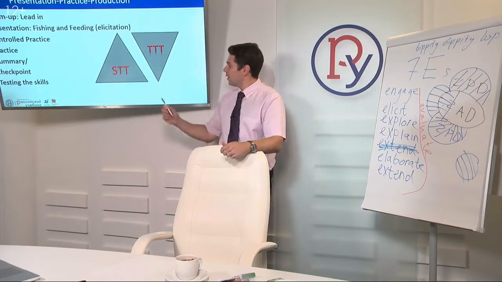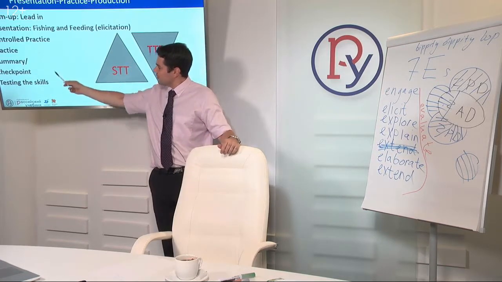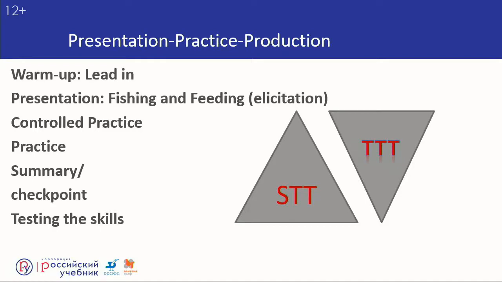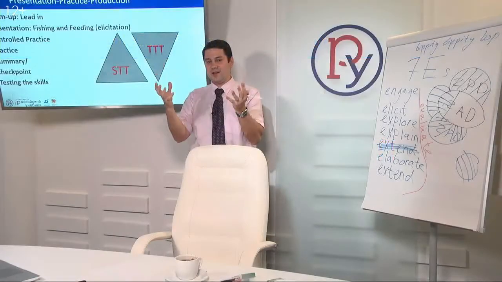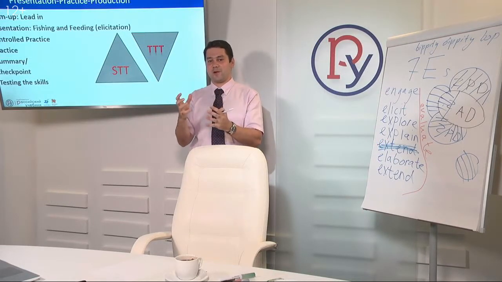Now here we have this sequence, and the thing is that in a good lesson you don't design the whole lesson like that. You will need several lead-ins, several presentation stages, several controlled practice stages, and then you can move to freer practice and summary.